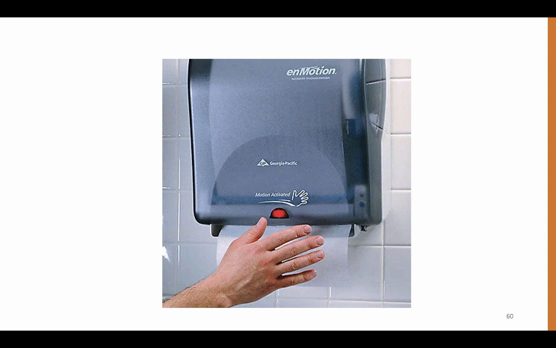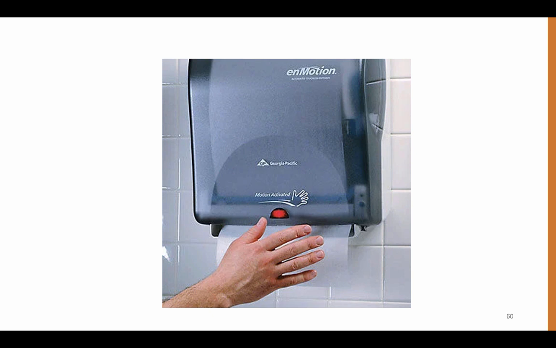And we ended up adding this basic hand that looks like it's waving to you right in front of it. And the reason was, in observational research, we recognized that people had no earthly idea, this was some time ago, how to use these newfangled hands-free paper towel dispensers. What you're supposed to do is put yourself in front of it, and it will detect that you're there, or it'll detect your hands and it'll kick out a sheet of paper.